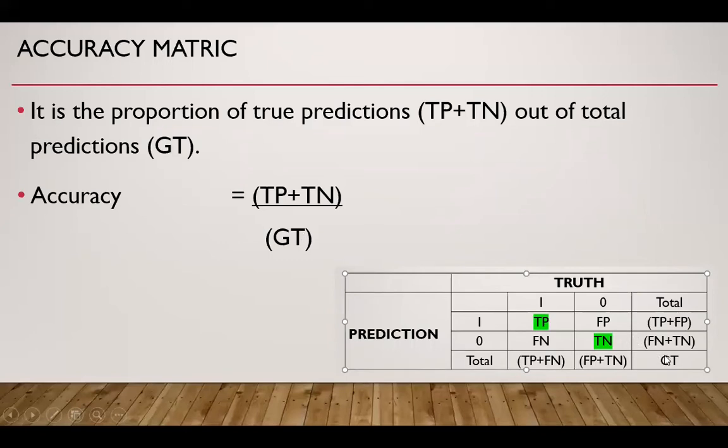This is the grand total, which is combination of either these two cells or these two cells. So it is the proportion of true predictions, that is true positive plus true negative, out of total predictions, and total prediction here is grand total.